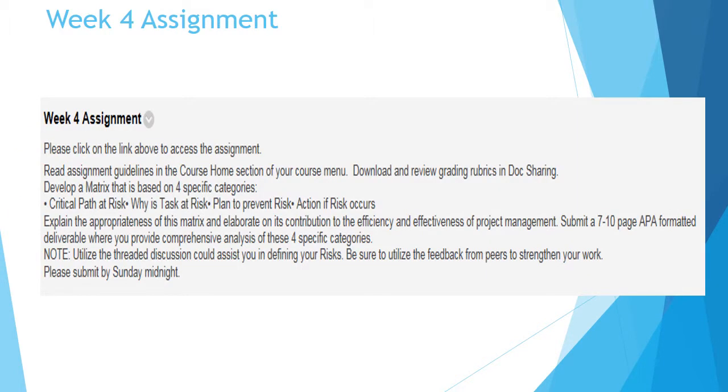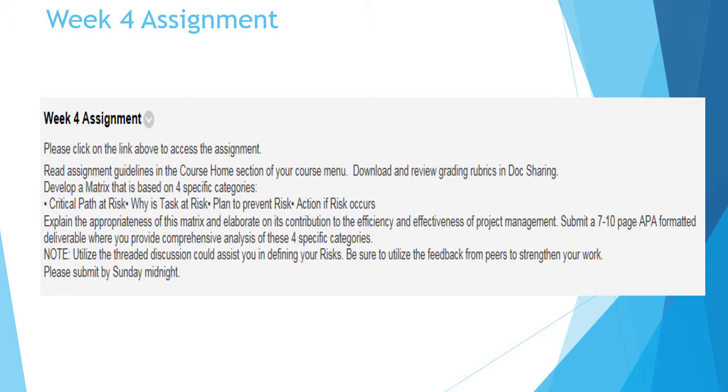We also have a paper that you're going to be writing. Again, this is in regard to your particular project. And what we want to do here is look in an organized fashion. Now, the book has, in chapter number 7, several different tools, tables, if you will, or matrices that are used to try to identify risk and then how you're going to be able to deal with it.